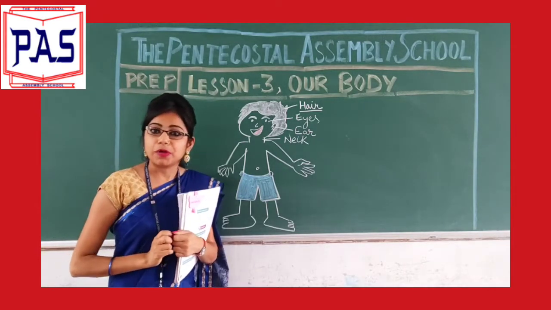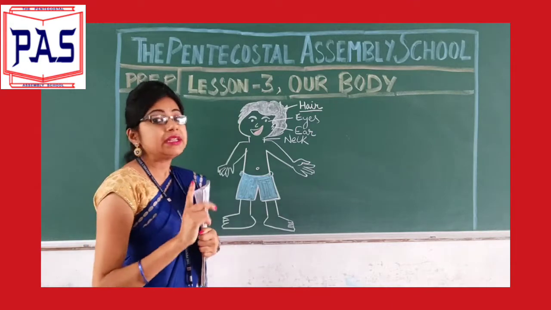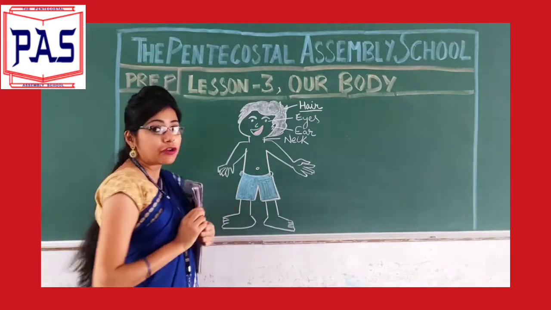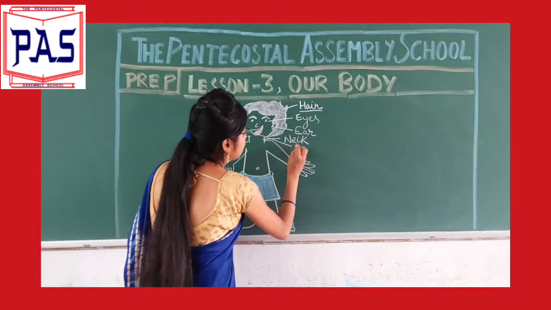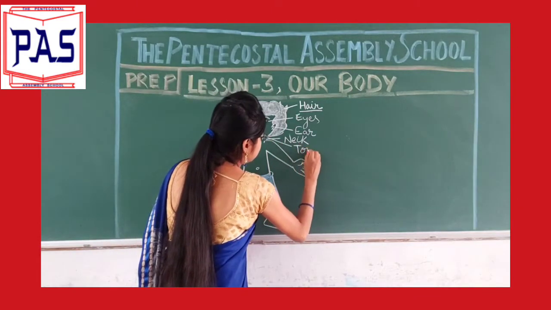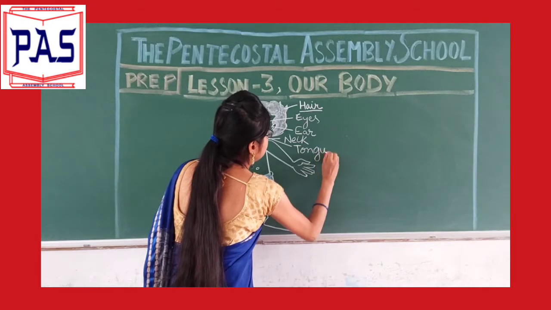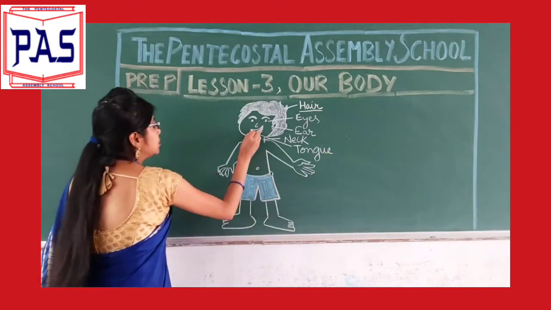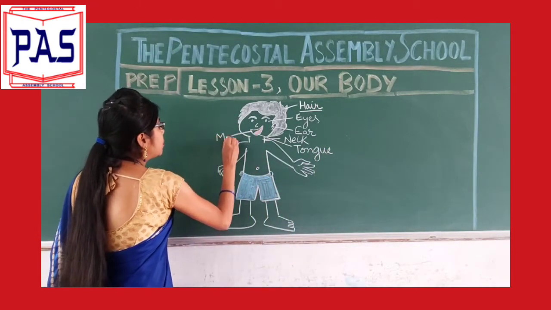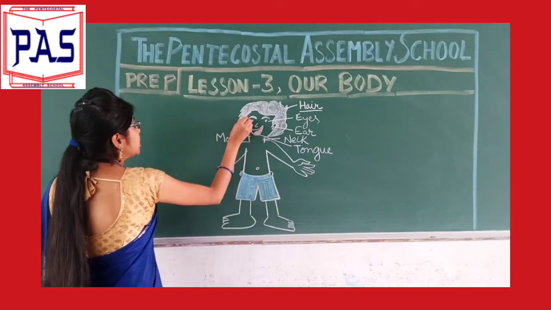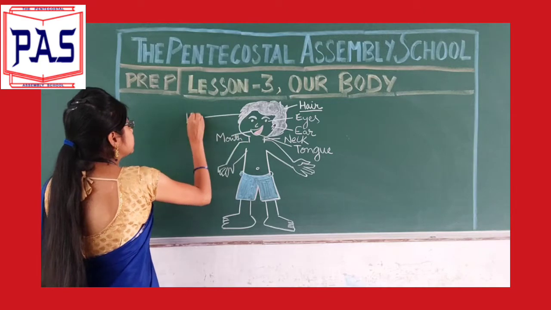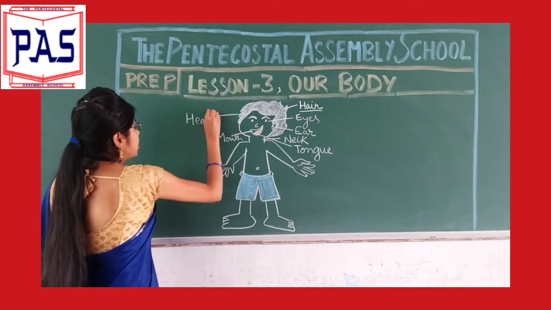Inside our mouth, we have one tongue, and the color of our tongue is pink. So this pink part is called tongue, T-O-N-G-U-E. This is our mouth. And this is called our head.